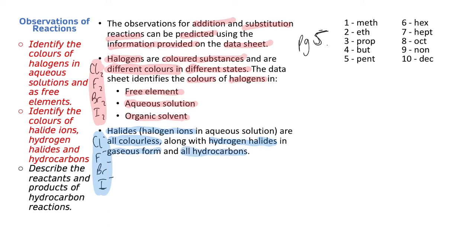So there's a whole bunch of colorless stuff, and then you add some halogens to it, and it will turn colorless if a reaction occurs. Alkyl halides like chloropropane will be colorless as well. All hydrocarbons and alkyl halides are also colorless. Making sure that you can identify what colors things are is important.